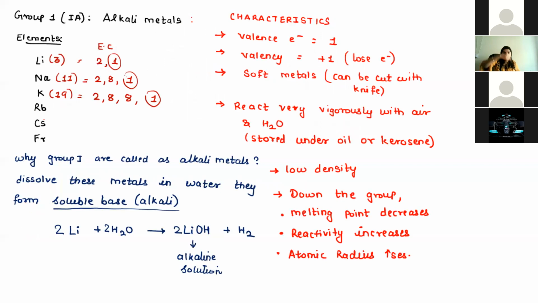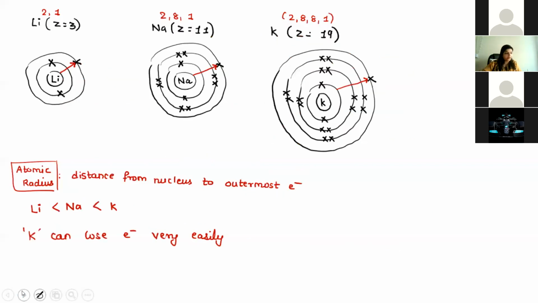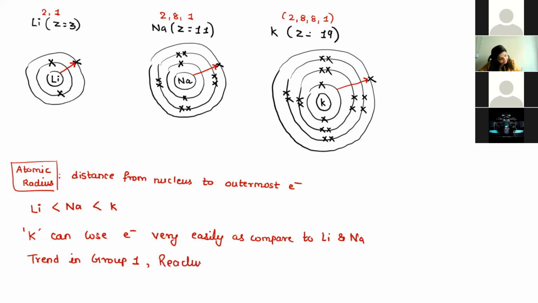So as you go down group 1, the reactivity increases. The trend in group 1 is that reactivity increases down the group, but the melting point will decrease because the density also decreases. Okay, is group 1 very clear?